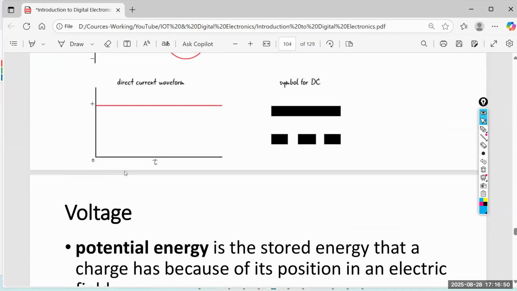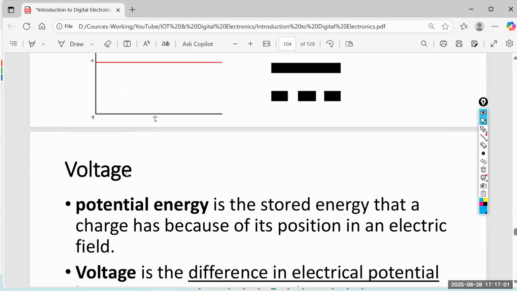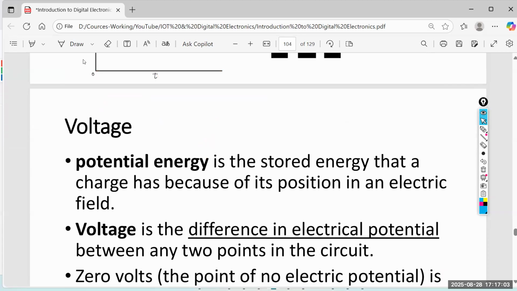Right. You can't talk about electricity without talking about voltage, ampere or the current flow, and resistance. So what is meant by voltage? You have done these things in O levels. Voltage is the difference in potential for the flow of electrons.